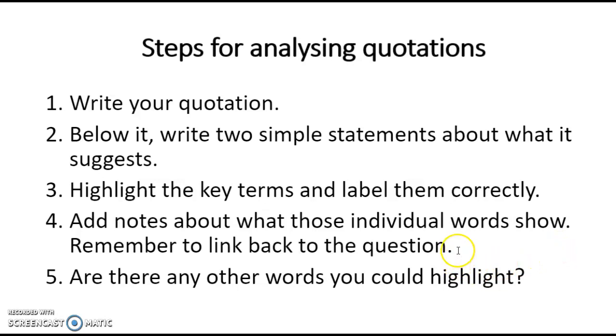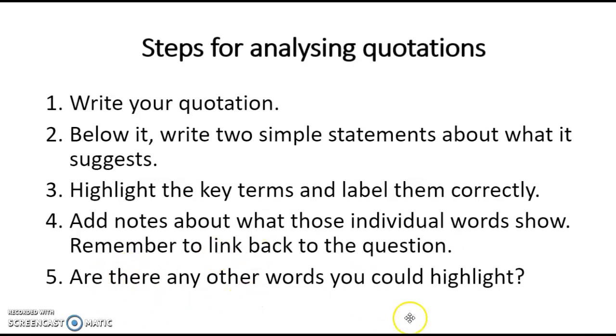Remember a link back to the question as well. So really what you need to be thinking about here, guys, is the examiner is not looking for you to feature spot. To be able to say dramatic irony has been used, to be able to say that imperative sentence has been used is all very well and good, but you will not get the marks for that if you don't explain the impact of it, why it's being used, and what it conveys about that character.